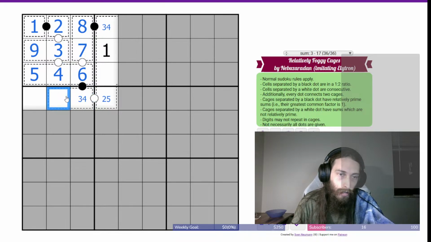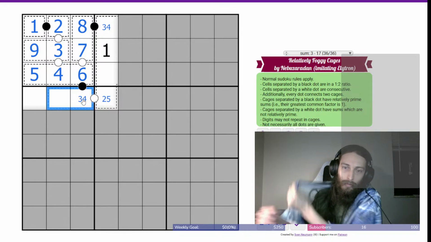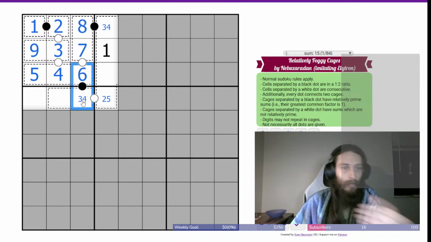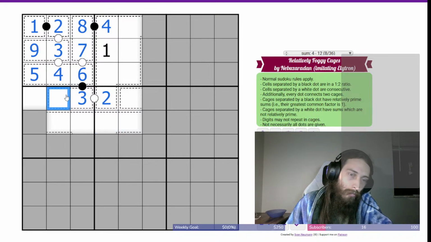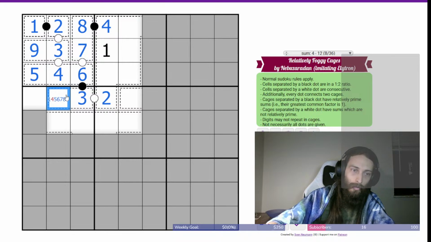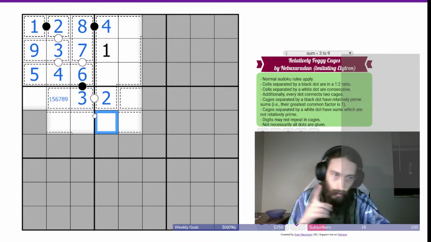15, and it has to be coprime or relatively prime with this cage. Oh, 6 is a 3, 8 is a 4. 3 is then going to have to go to 2. This cage is ridiculous. But what can I put here? 2, 3, and 4 is all out.